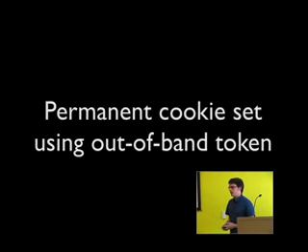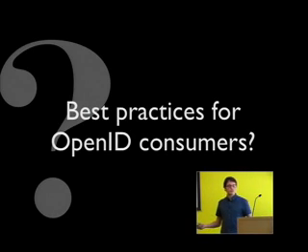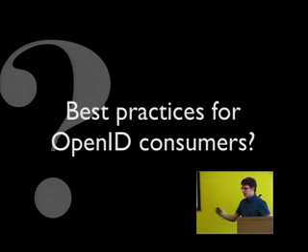And then you won't be bothering them with out-of-band messages in the future, but should they start using a different browser, you can send them a one-time message to set that browser up as authenticated. And they still have to log in normally, but a phishing site which never got hold of that cookie wouldn't be able to sign into your system. So I think that's something people really need to start looking at. What are best practices for OpenID consumers, for sites that people log into with OpenID?